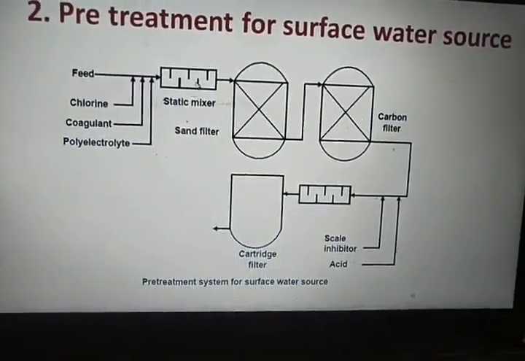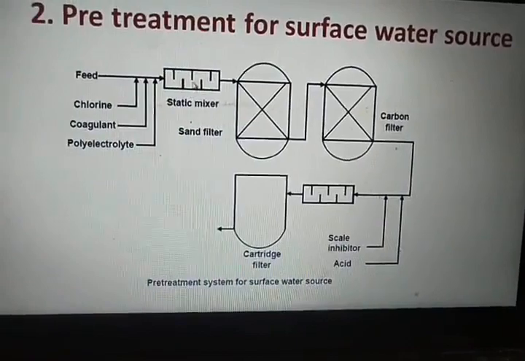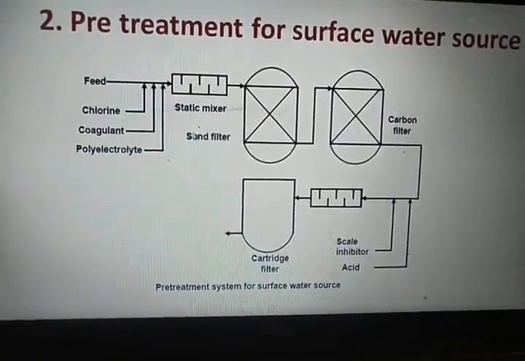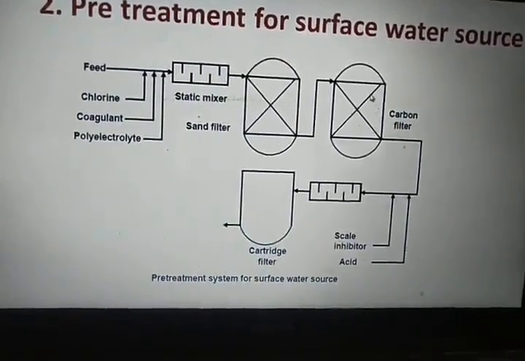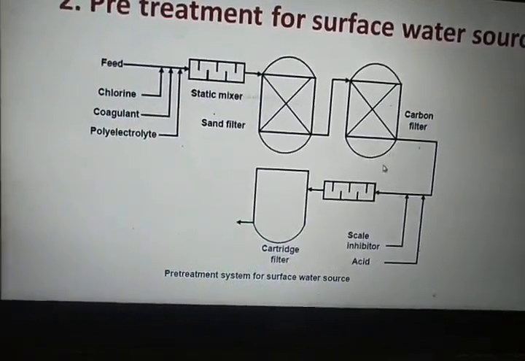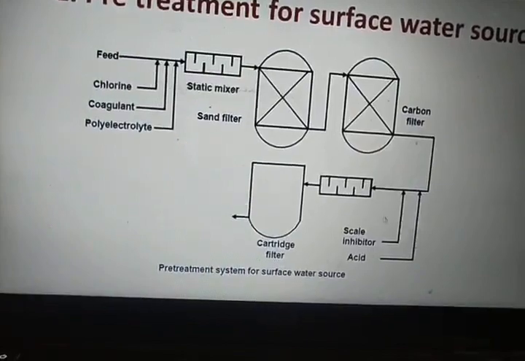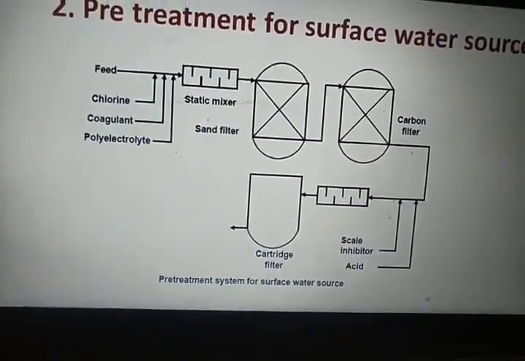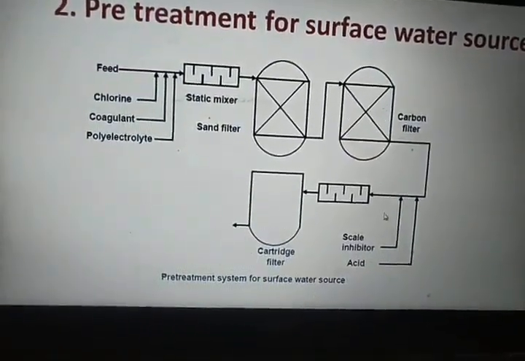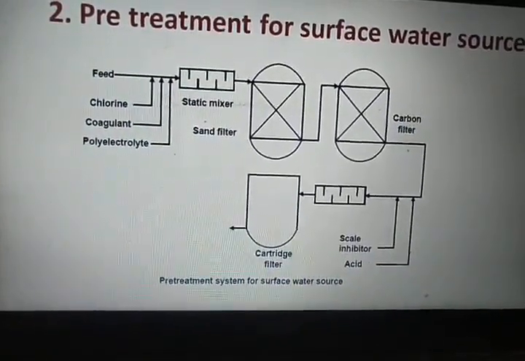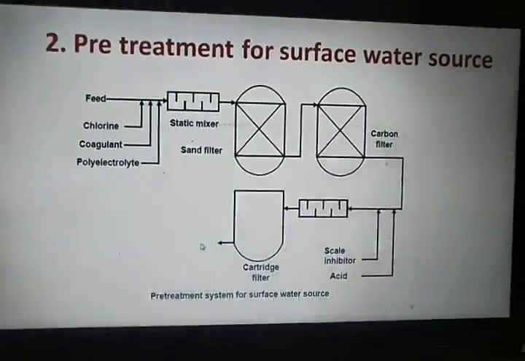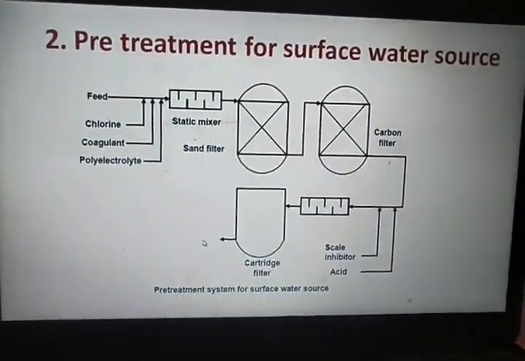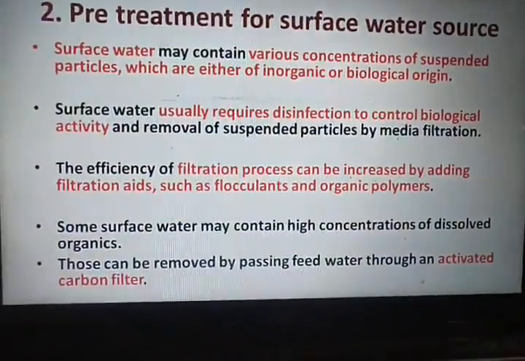Here also we can add the antiscalant agents if the water contains some biological impurities, and you may pass the water through the bed of sand, then followed by activated carbon filter. Then again we can add the scale inhibitor here with a strong HCl or H2SO4. Then the water is allowed into the cartridge filter, then it can be allowed to the membrane processes. This is the explanation for this.